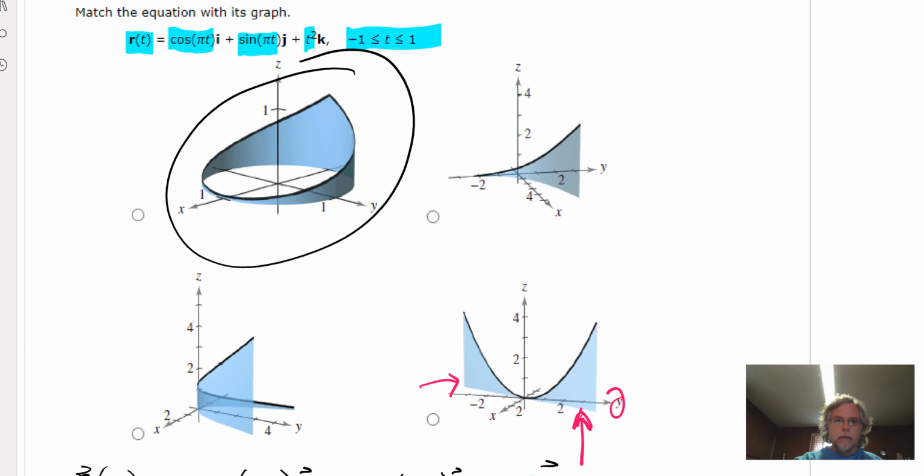And the t squared that we neglected is where the z coordinate is going to come from, and you can see that they're positive z's, or non-negative at least, which makes sense because t is squared. As t goes from negative 1 to positive 1, t squared will be 0 or bigger, which is true for all the z values on this graph.